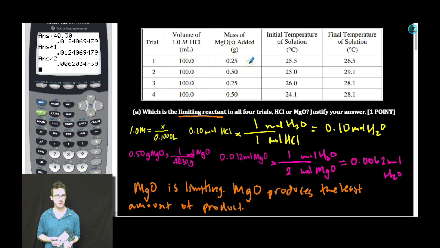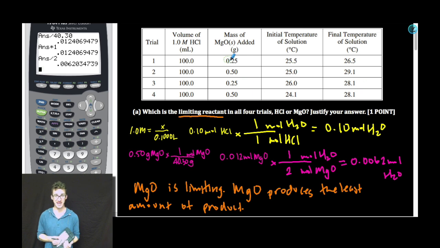In the first trial, in which we use 0.25 grams, we see a temperature increase of 1 degree Celsius. Trial 2, we have doubled the amount of magnesium oxide, and we see approximately a 4 degree Celsius increase. Trial 3, back to 0.25 grams, and we see a 2 degree Celsius increase. Interesting?